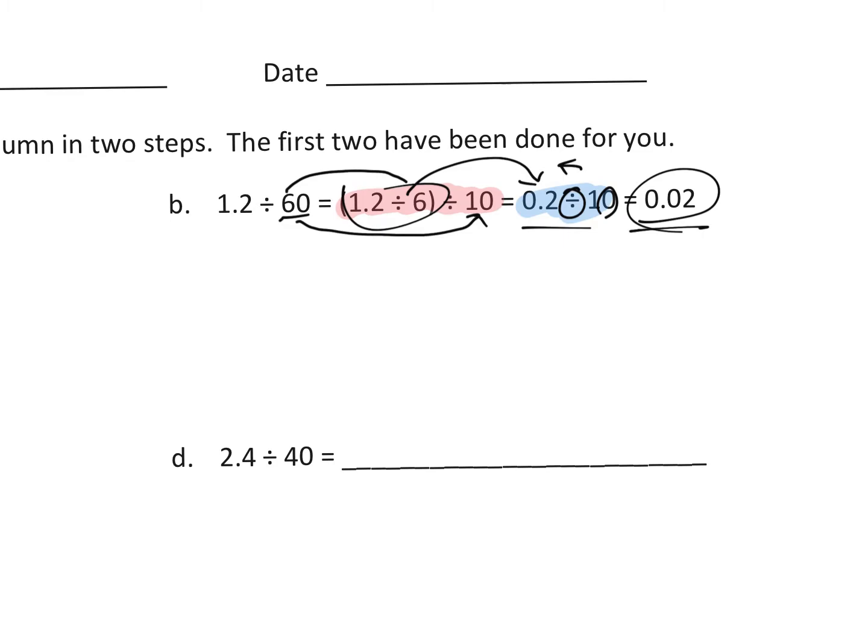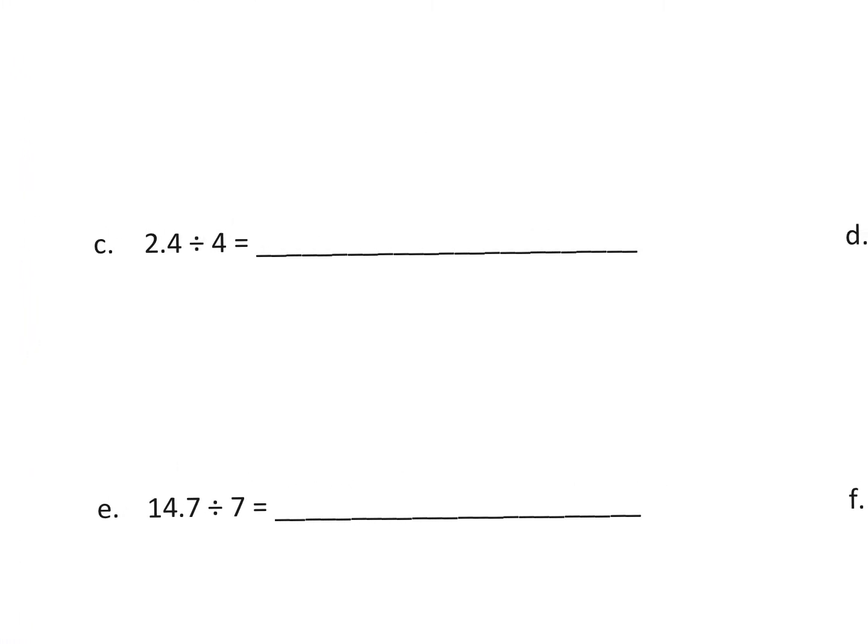So over here, we have 2.4 divided by 4, or another way to say that would be 2 and 4/10 divided by 4. Well, I can think about that as just getting rid of that decimal for a second and doing 24 divided by 4, and I bring my decimal up.